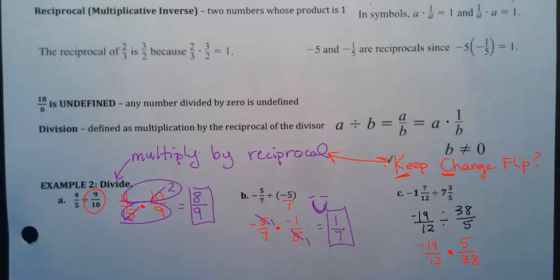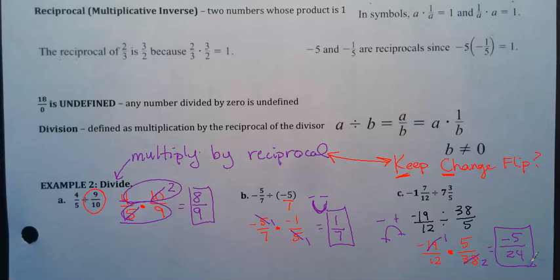If there's anything that cancels, you can do some cross canceling. I know that 19 will go into 38, so I'm going to cancel my 19. 19 divided by 19 is 1, and 38 divided by 19 is 2. I have a negative times a positive, so that's going to give me a negative answer. 1 times 5 is 5, and 12 times 2 is 24.